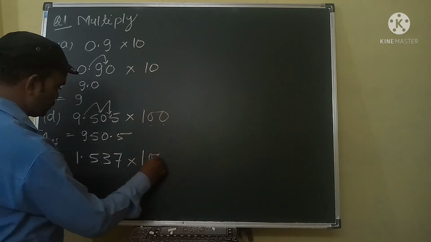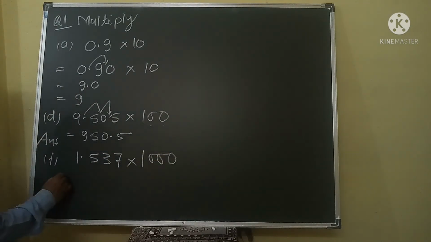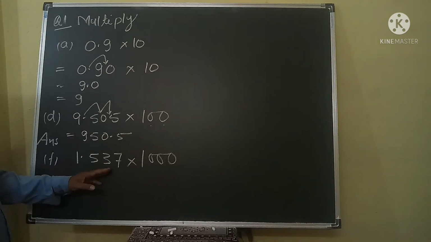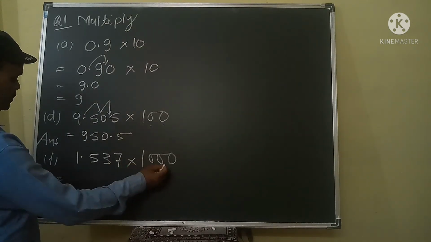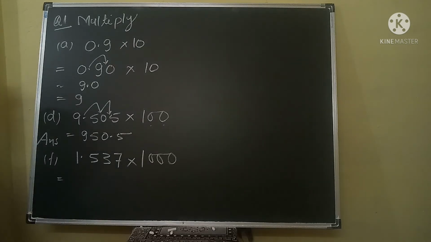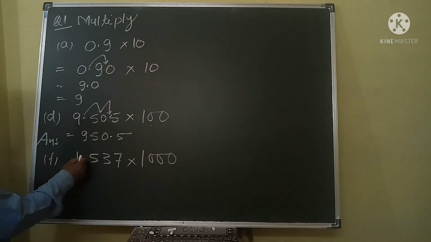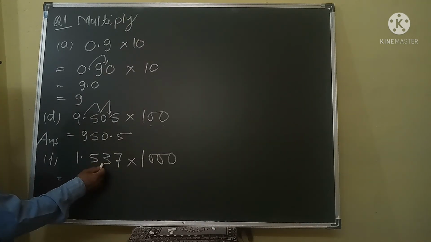1.537 into 1000. In 1000 the number of 0s is 3. So we will move the decimal point 3 places to the right.